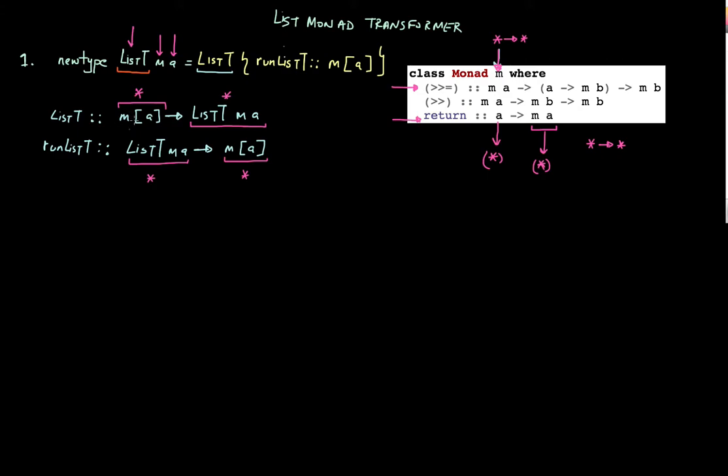M, on the other hand, I can easily infer over here is something that takes in a concrete type and gives you back another concrete type.